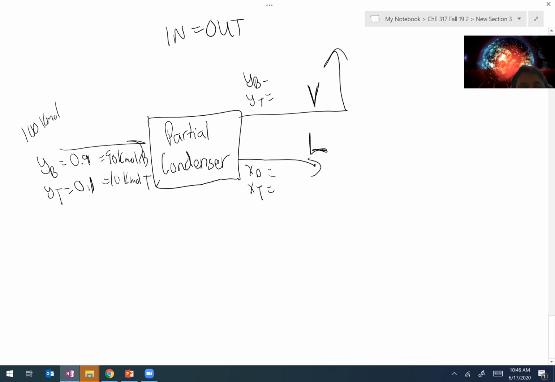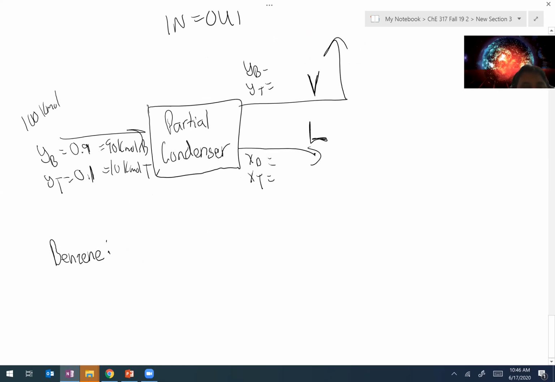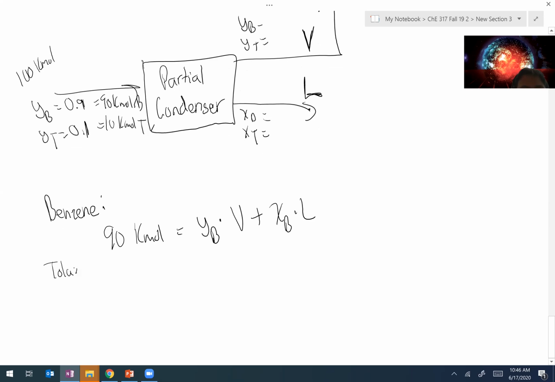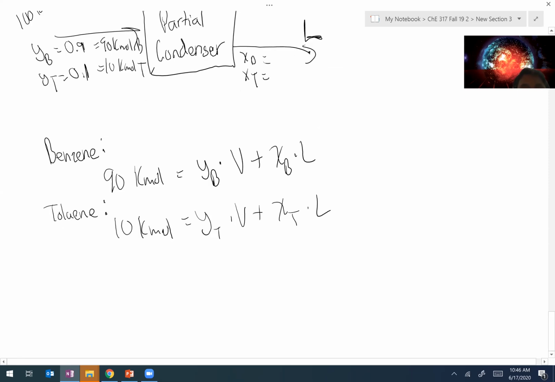Which it would look kind of like this for benzene, because I think this helps you. You would look, say, 90 kilomoles is equal to YB times the vapor plus XB times the liquid. And then for toluene, you would have 10 kilomoles equals Y toluene times vapor plus X toluene times liquid.